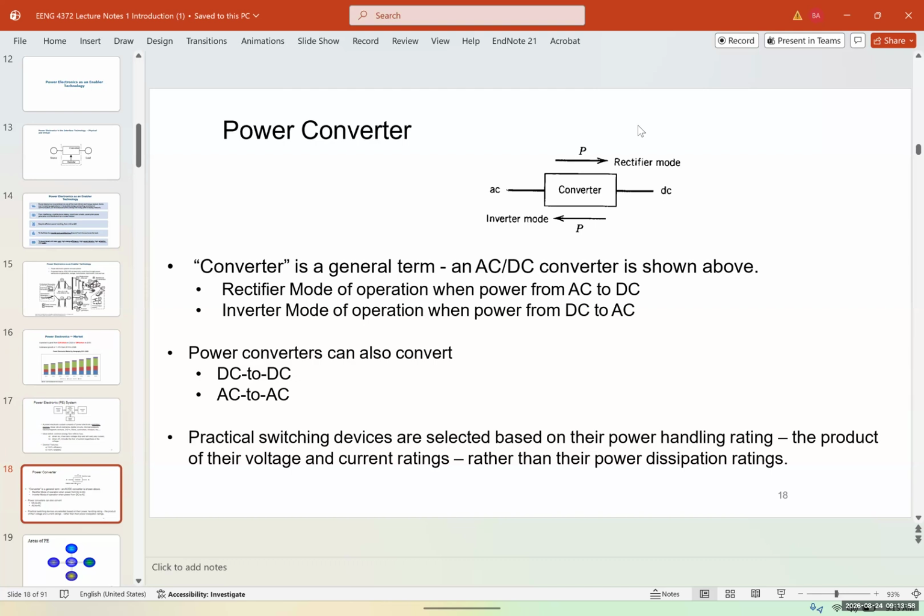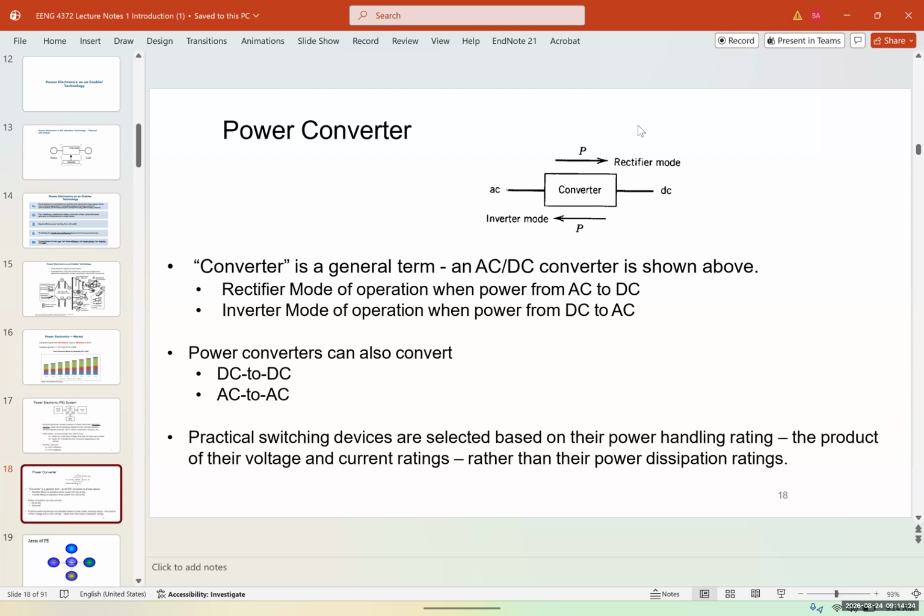Now, one of the main parts in a power electronics system is a power converter. A converter is a general term, for example an AC to DC converter as shown above. It's a general term that means we are converting one form of signal to another.